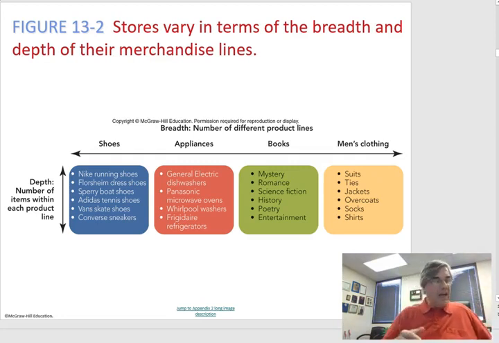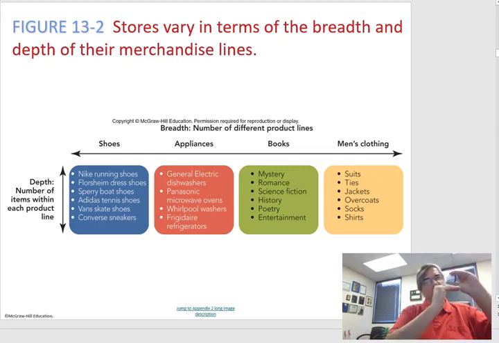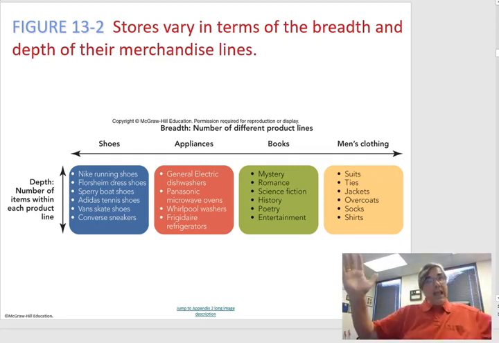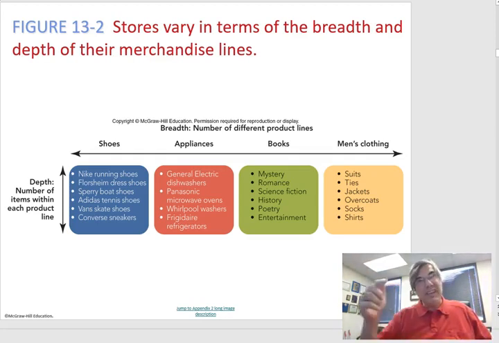So you can have lots and lots of different product lines, but only a few of each one. That would be a wide breadth and a shallow depth. And that would be like a Walmart, right? They have a lot of everything, but not a lot of options within each thing, you know?